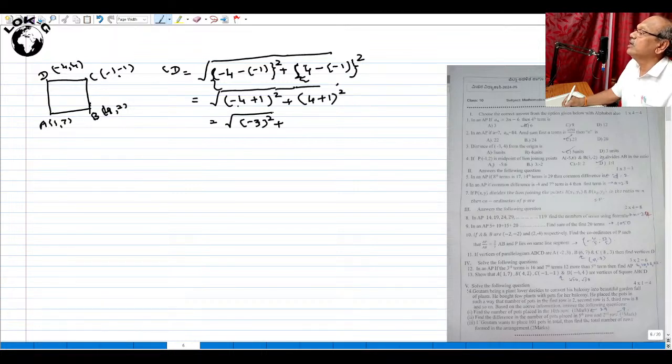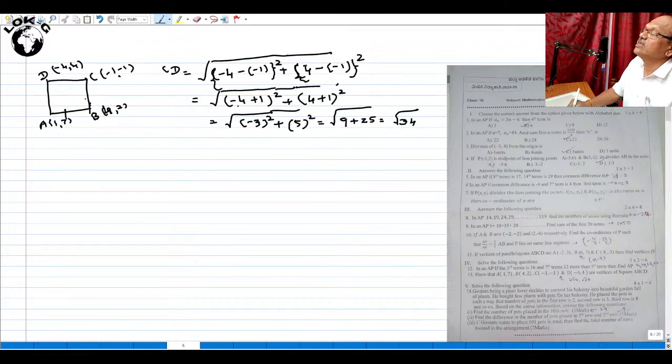Look at the addition. Bigger number is negative. I have observed many good students also losing marks in calculation. Minus 3 square is 9. Therefore, I am taking every care to explain every step of the calculations. Root of 34. Yes, we got this side also the same. All of them are root 34.